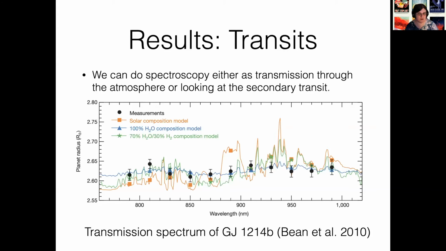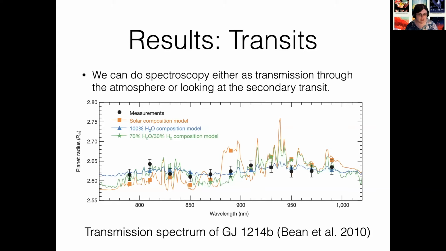And the brown points or the black points are data. You can see this planet doesn't vary that much. And the various colors are models. So the orange is what you'd get if you just stuck the sun's atmosphere on this thing. The blue is what you get when you stick water, just 100% H2O.